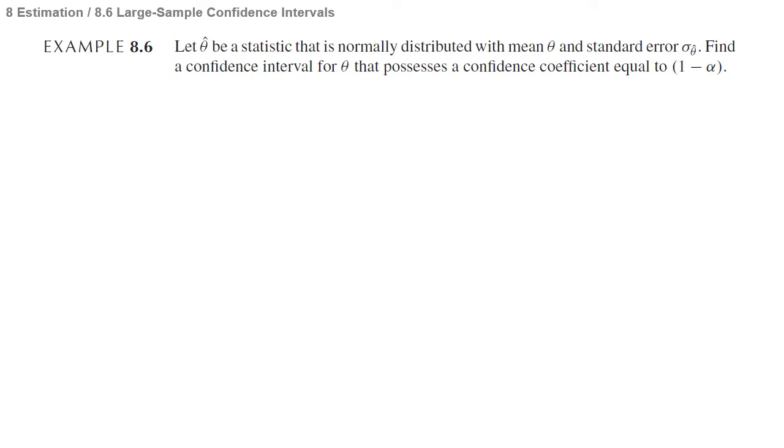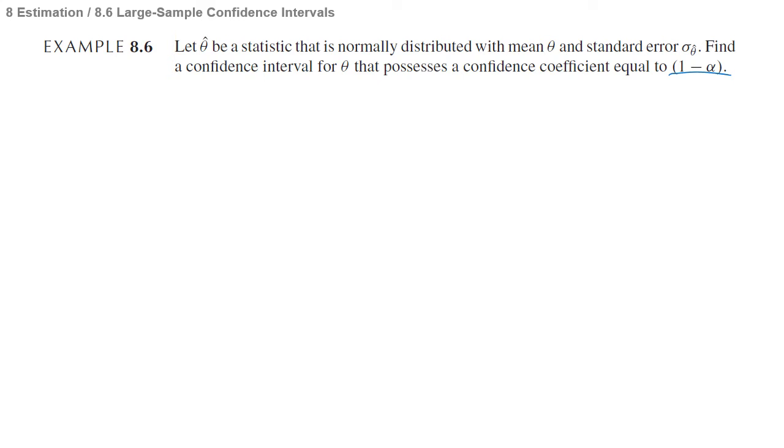Example 8.6. Let theta hat be a statistic that is normally distributed with mean theta and standard error sigma theta hat. Find the confidence interval for theta that possesses a confidence coefficient equal to 1 minus alpha.